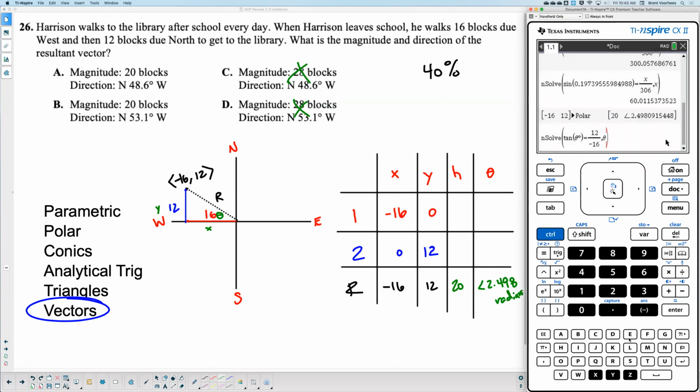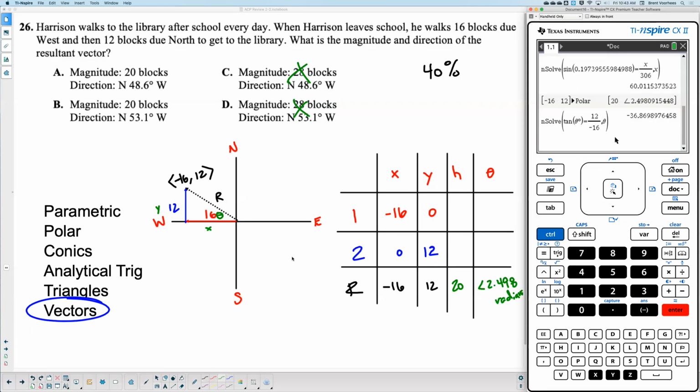What is our angle here? What are y'all getting in degrees? -36. Now remember, it's negative because it's coming from 180. So this is like 0 degrees. This is 180 degrees here. And this is 360.